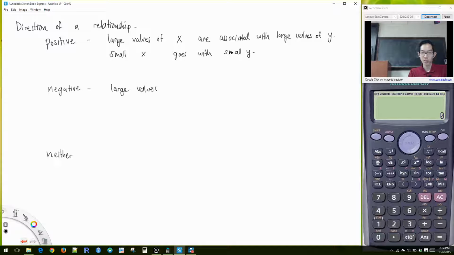Large values of x are associated with what? Small values of y. And small values of x, so I'm just going to write small x goes with large y.